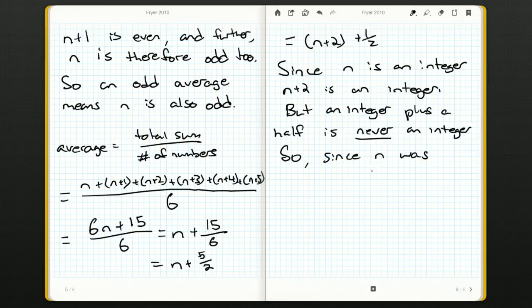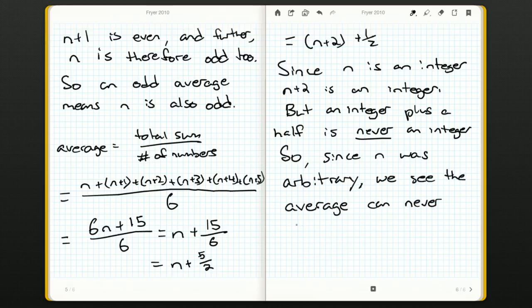Now we didn't have any specified n to worry about. This is the general expression for the average of these numbers. So since n was arbitrary, it didn't matter what n was. We see that our average can never be an integer.